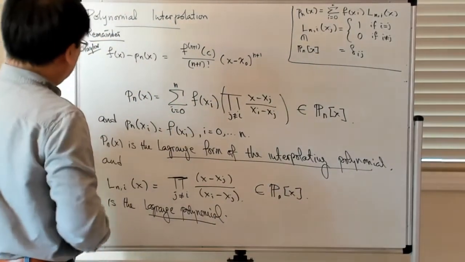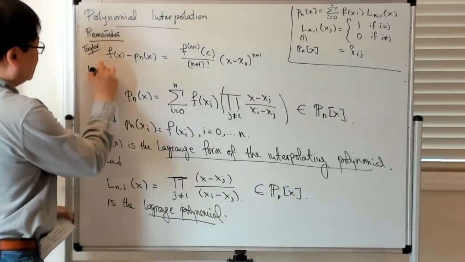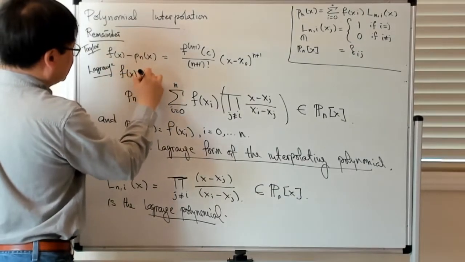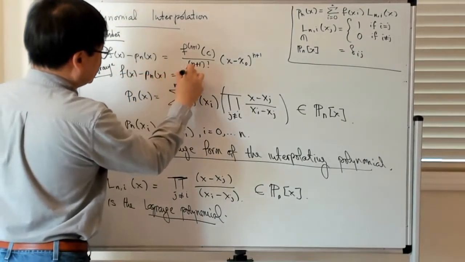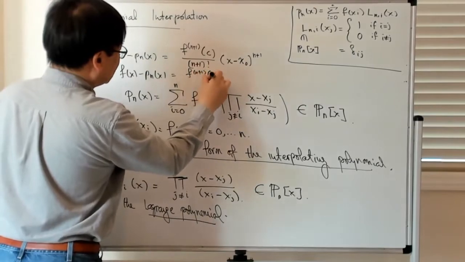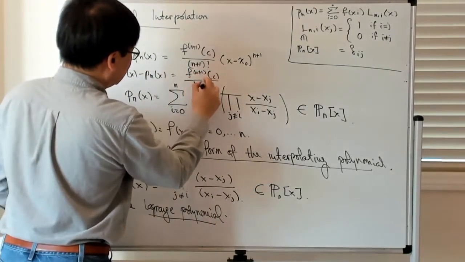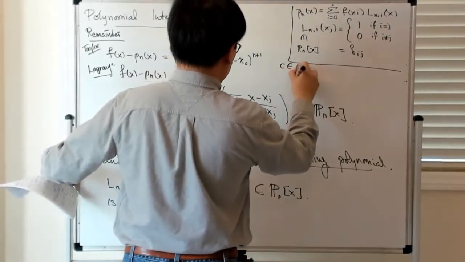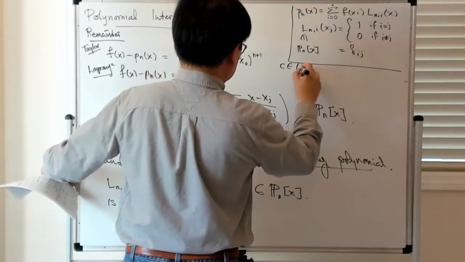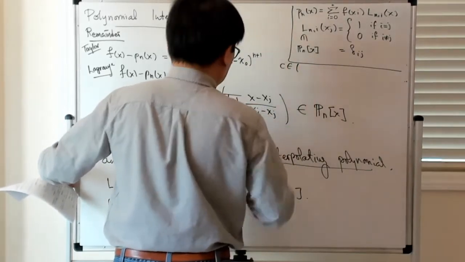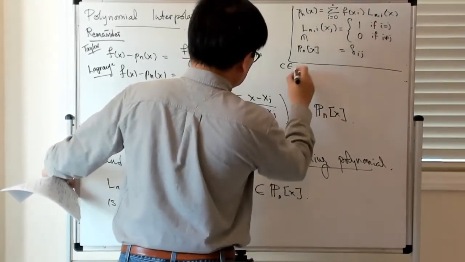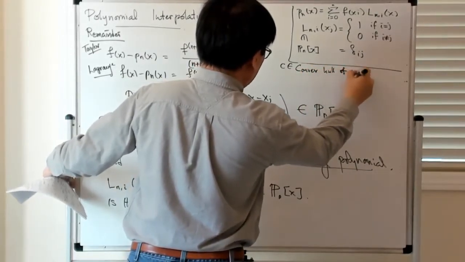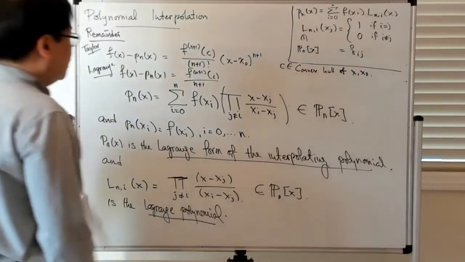For the Lagrange case, you have something similar. f of x minus Pn of x is equal to f^(n+1) at some unknown point c, and c is somewhere in the convex hull, if you will, of x and x0.